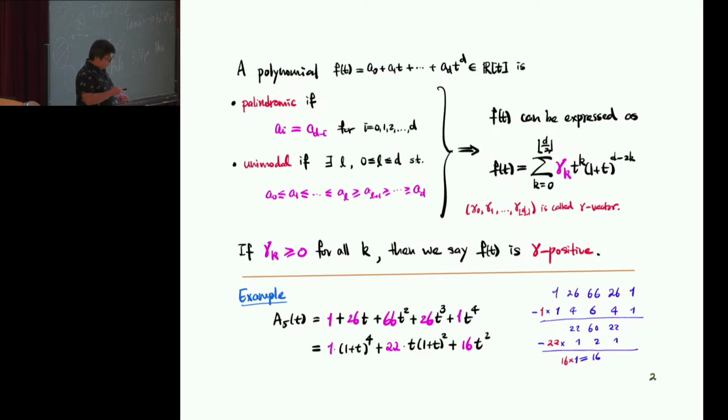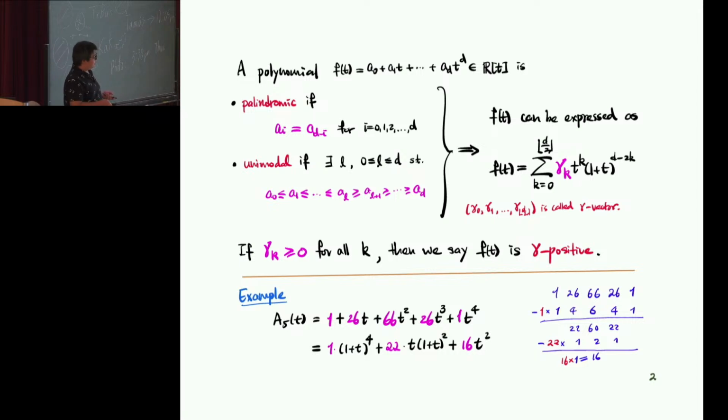So for example, this is a palindromic polynomial. You can see the coefficients are symmetric and it's unimodal, and we say it's gamma positive. Basically, we look at the coefficients and try to remove rows of Pascal's triangle as many times as we can.